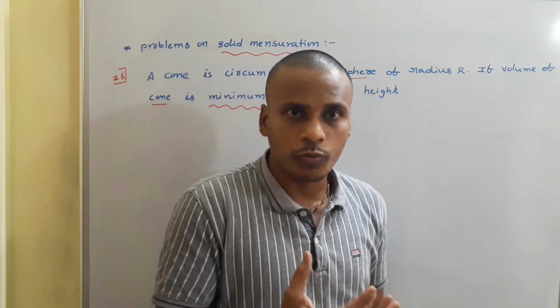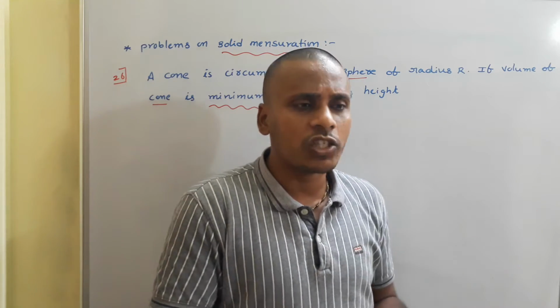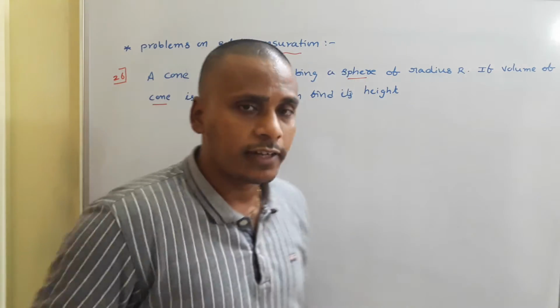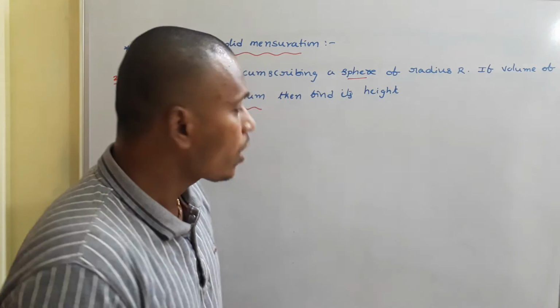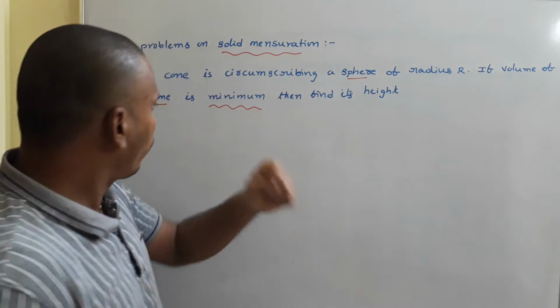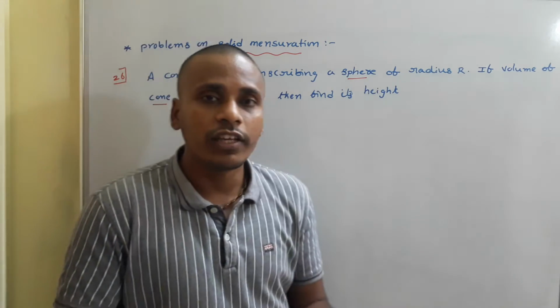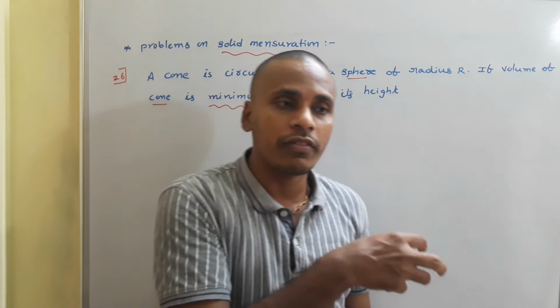I have a sphere of some small size. I have cones of larger sizes. So there is a chance to inscribe this sphere in all those cones, right? But our question is, what is the minimum? We need to find a cone having minimum volume such that this sphere is inscribed in that cone.